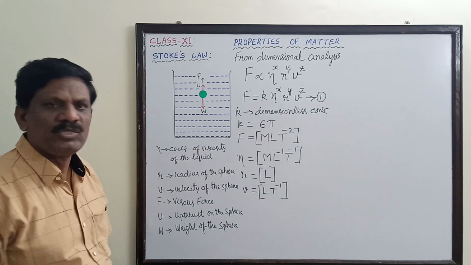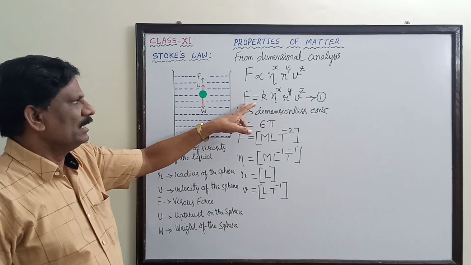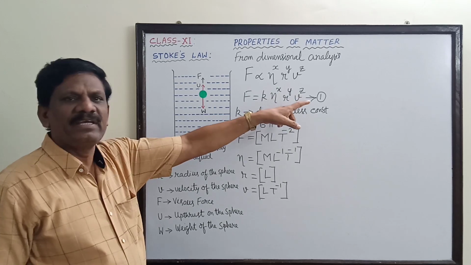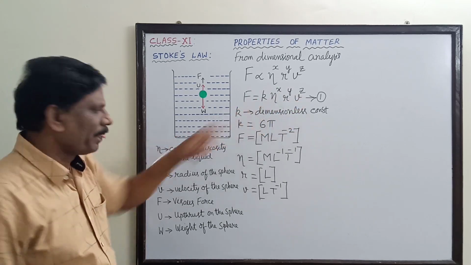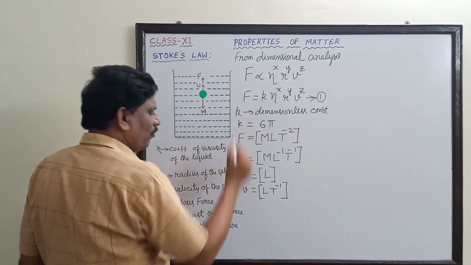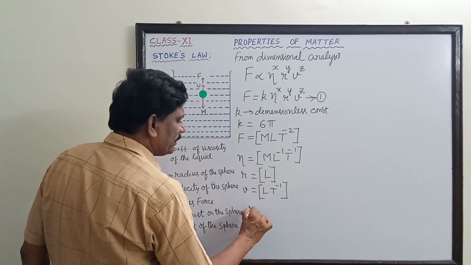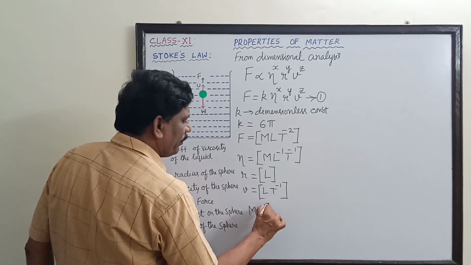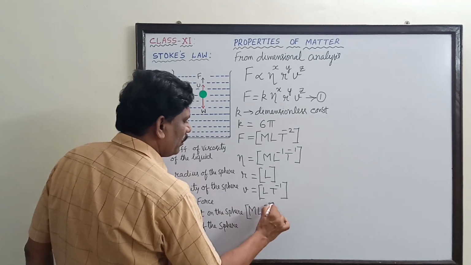Now I will substitute the dimensions on the left side and right side of equation 1 except k. On the left hand side, instead of force, the dimension is M L T power minus 2.